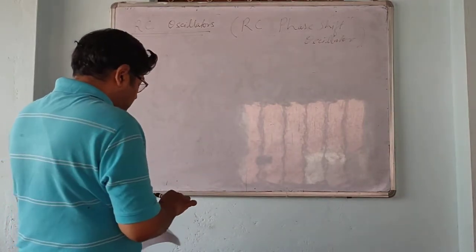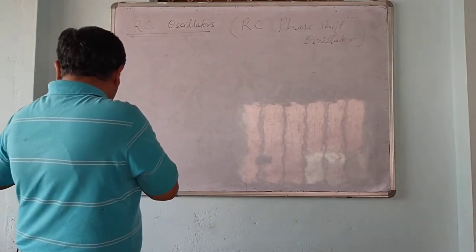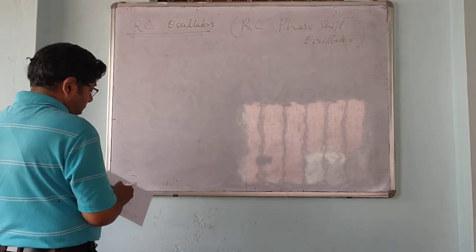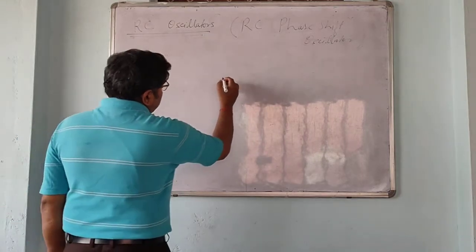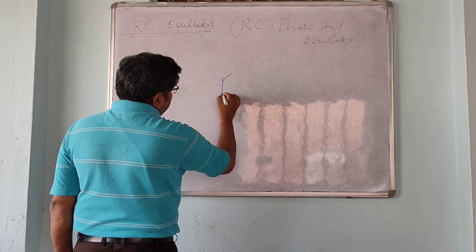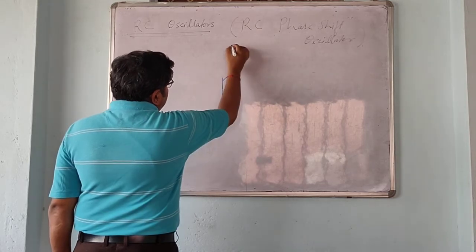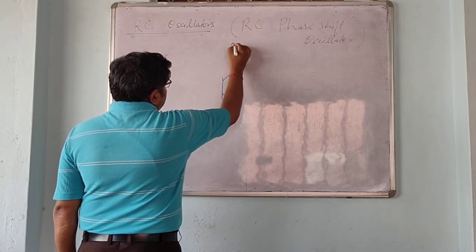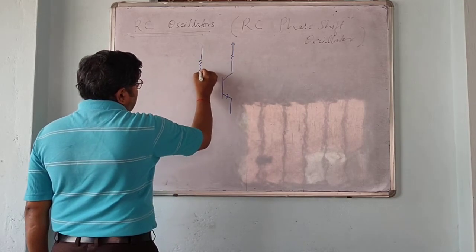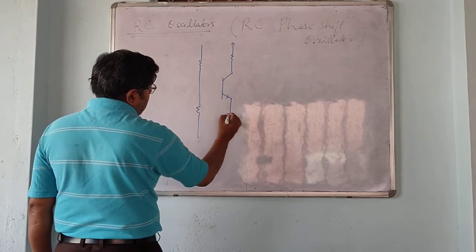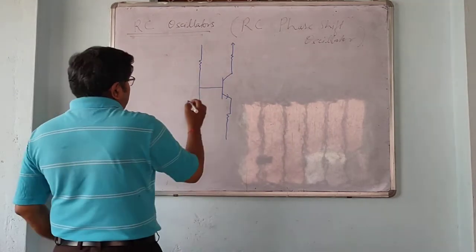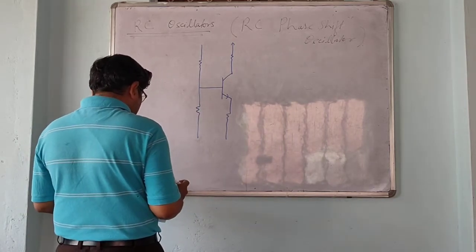So now we can draw a circuit. RC phase shift oscillator, we are using a common emitter amplifier.